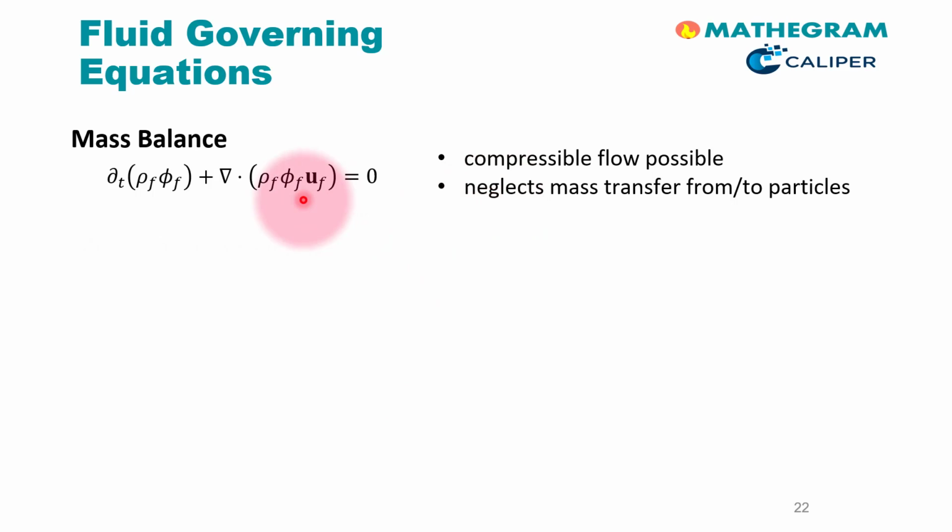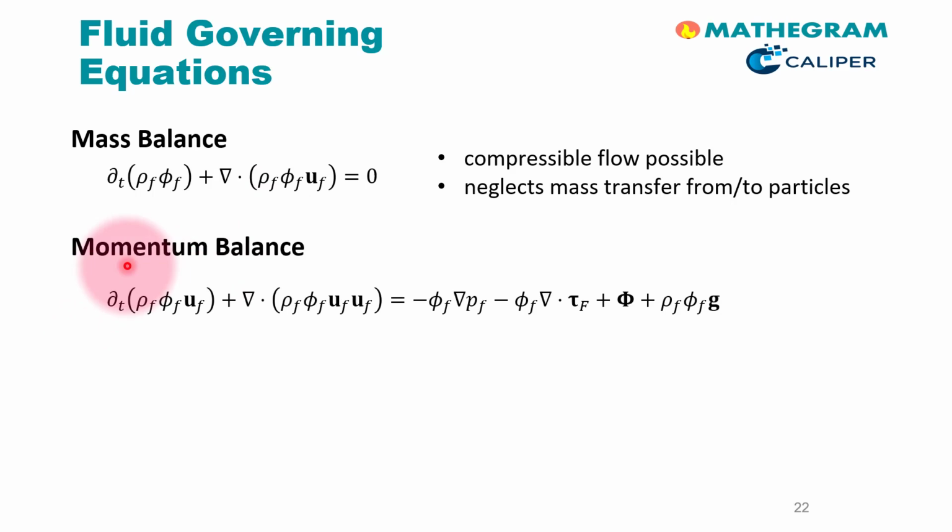Next, we need to consider the momentum balance, often also referred to as the Navier-Stokes equation, which for a fluid in a multi-phase system reads as follows. The accumulation of fluid momentum, i.e. the acceleration of the fluid multiplied with the local density, and the outflow of momentum equals the sum of 4 contributions.